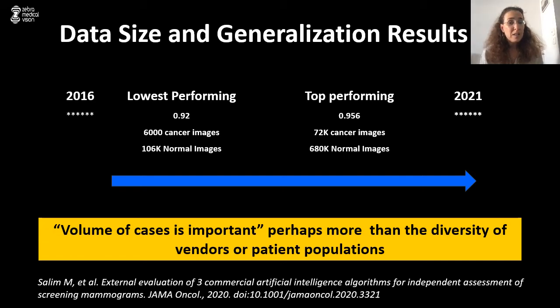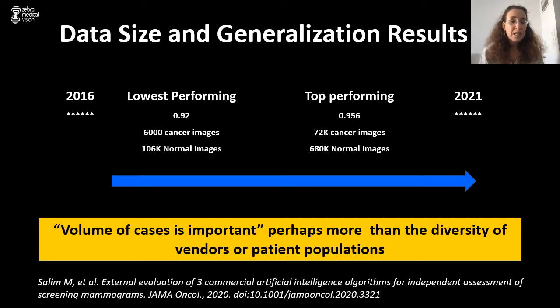AUC-ROC. And one of the important conclusions that came out in the study was actually that the volume of the cases is extremely important, perhaps even more than the diversity of the vendors or the patient population. This is very important to keep in mind when you are creating an approach and you're aiming to be able to generalize well to different types of populations.